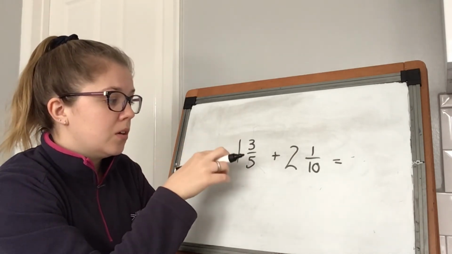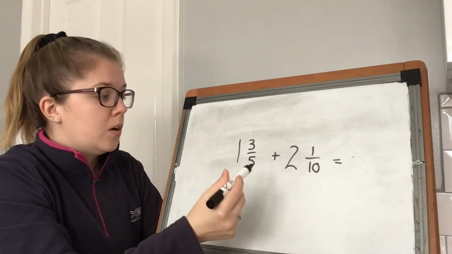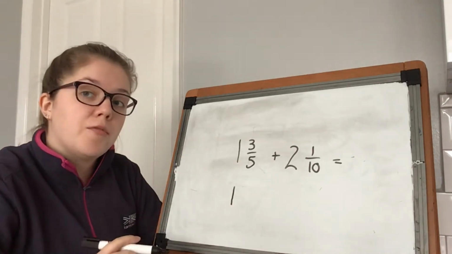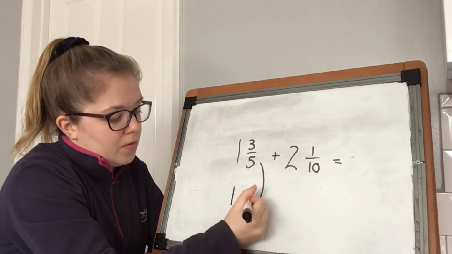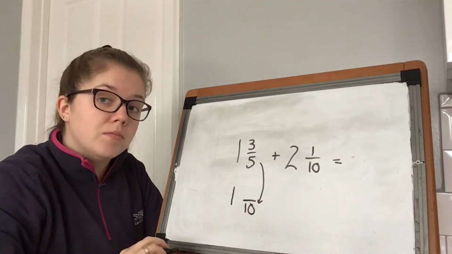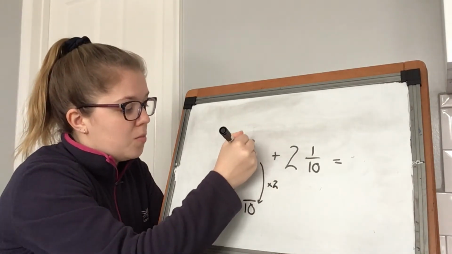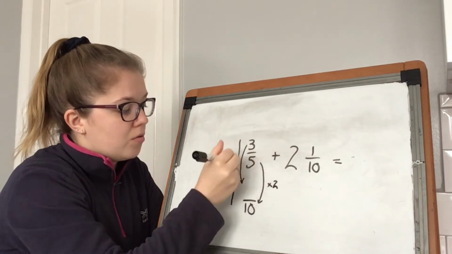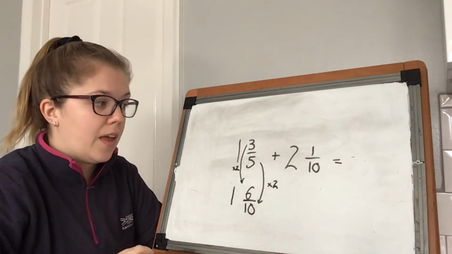So my 1 stays the same, I've still got 1 whole, but my 3/5 we need to convert into tenths. So we need to convert 3/5 into tenths. Now 5 times what is 10? And it is 2. So we need to do the same for our numerator. So 3 times 2, which is going to give us 6/10.